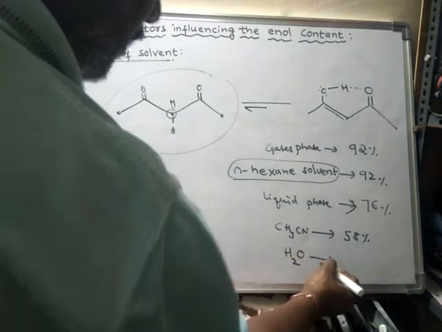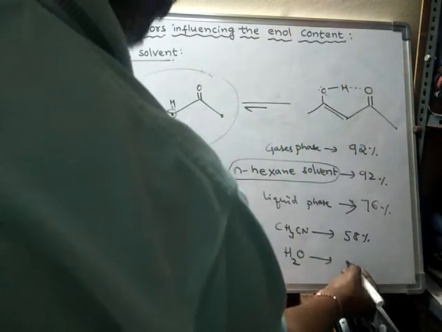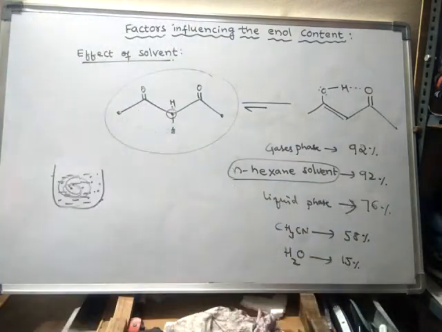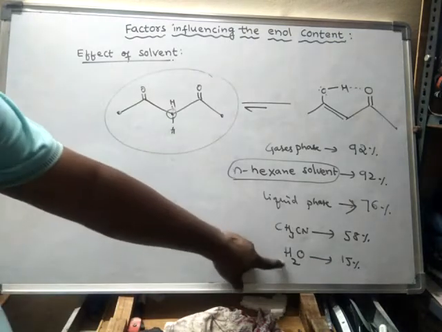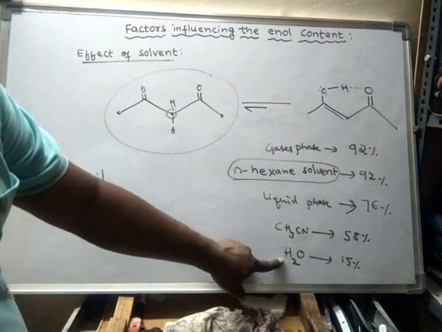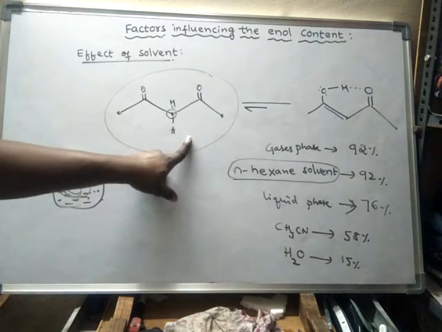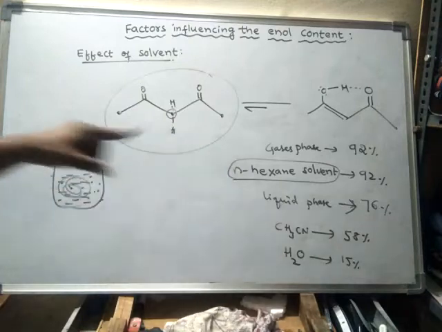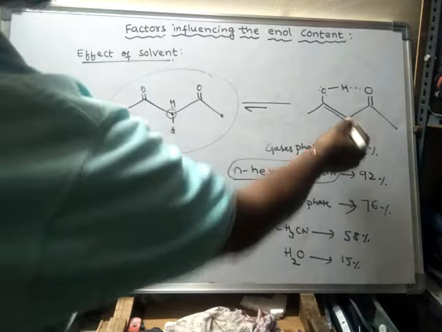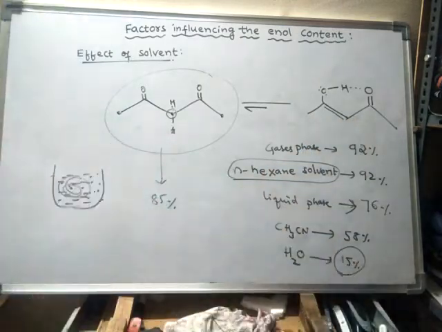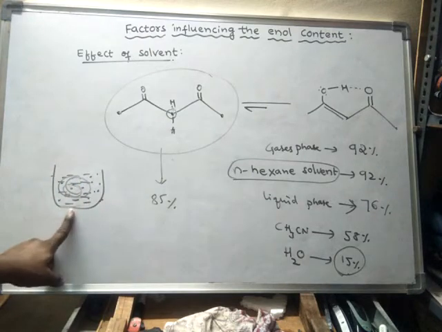Suppose you use a polar protic solvent, what happens? The enol form will be only 15%, because it is a polar protic solvent. Polar protic solvents always favor the keto form of the compound. Hence this compound will exist in 85%, and this compound only in 15%, when the mixture is present in water, an aqueous solution.